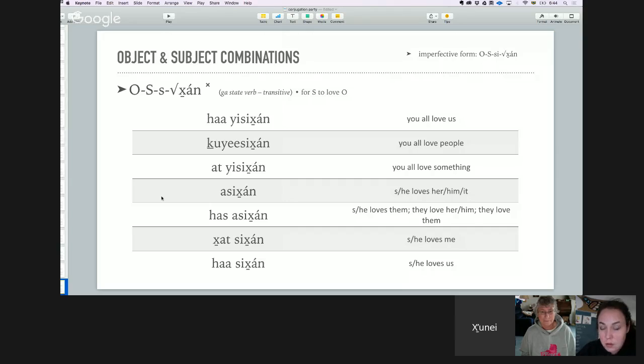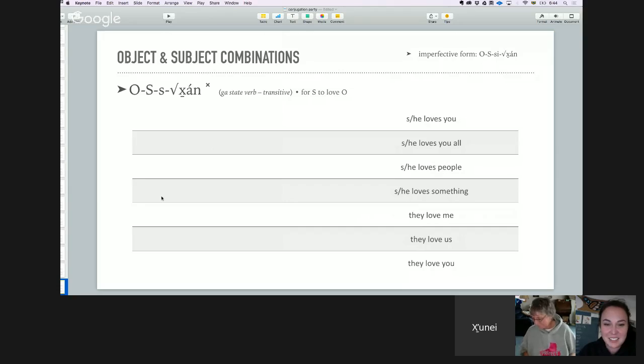Hasachan. Let's go with authority now. Aware, she or he loves you. Isechan. Isachan. Hasank, she or he loves y'all. Yisachan.